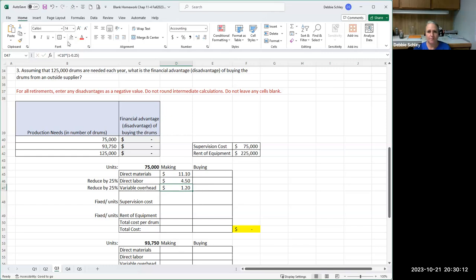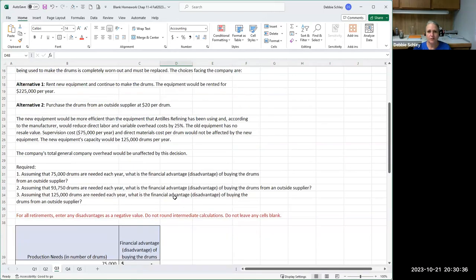And this one, 1 minus 0.25 is 0.75, which is what's left. And so if I do my original cost times parentheses 1 minus the percent, close parentheses, then I also get the correct answer. So there's 2 ways to get the correct answer there. Okay.